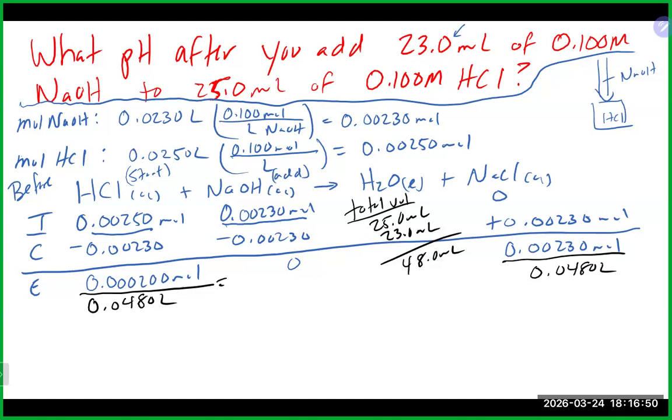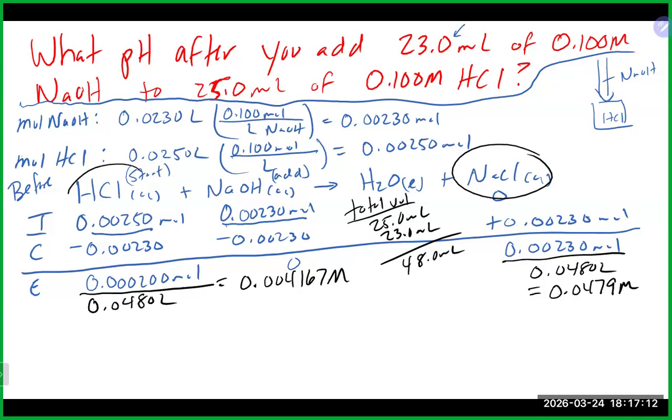And that will get us 0.004167 molar for the HCl, and 0.0023 divided by 0.048 gives 0.0479 molar for the salt.